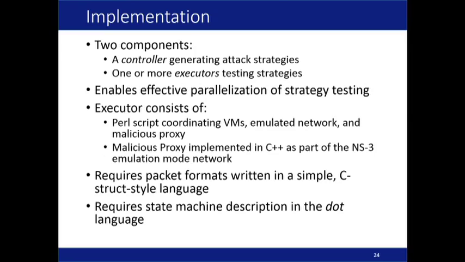And the malicious proxy is built into NS3, which we use for our emulated network. I should also note that our implementation requires two inputs from the user. First, a description of the packet formats written in a simple language that looks a lot like C structures, and a description of the protocol state machine written in the .graph language.